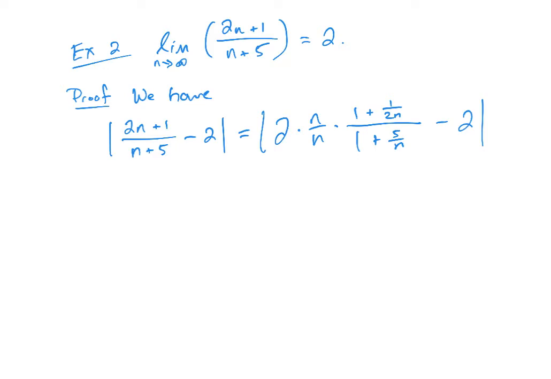We agreed? Now we know a little bit about properties of absolute values. Those 2's can come out. So this is 2 times, and now you have this mess, 1 plus 1 over 2n over 1 plus 5 over n, minus 1.